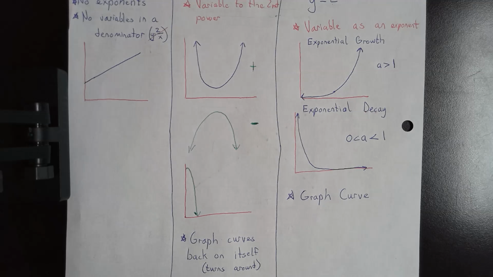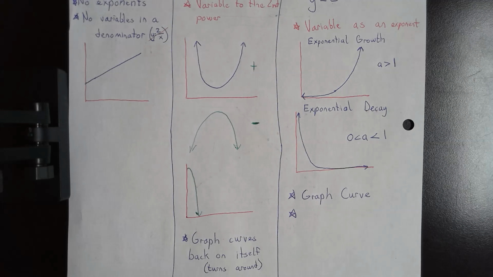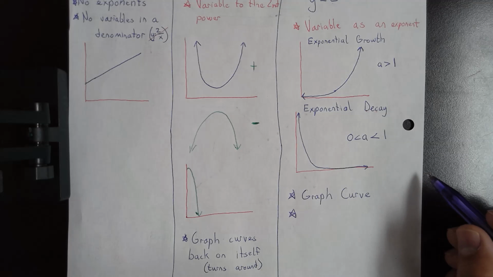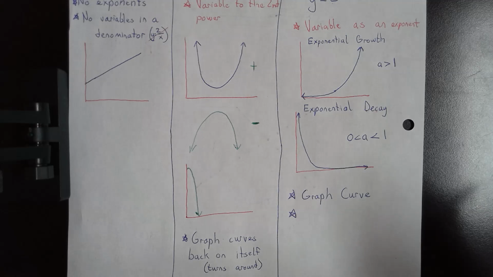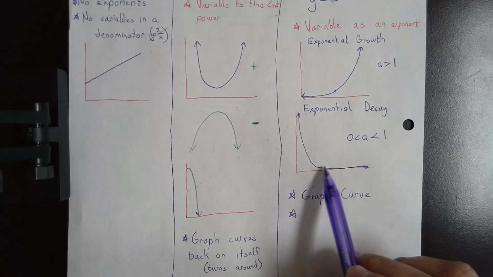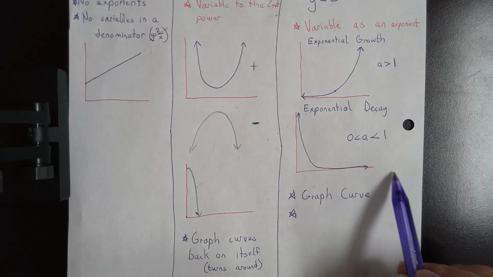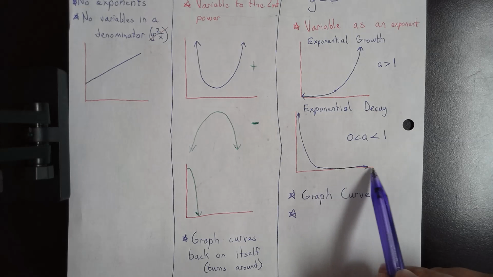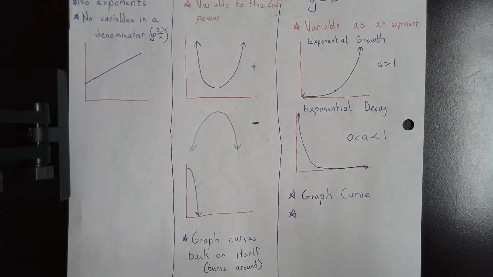Now, does this one curve back on itself all the way? No. It's going to continue in the direction it's going. So for instance, in our exponential decay, as we get down here, it's going to keep going down. It's just going to keep getting closer and closer to what we call our asymptote, and we'll talk a little bit more about that later. But it's going to keep getting closer and closer and never actually fully cross there.